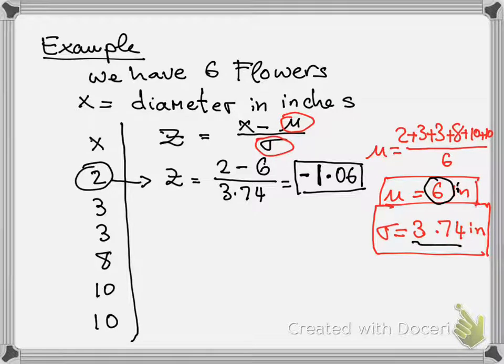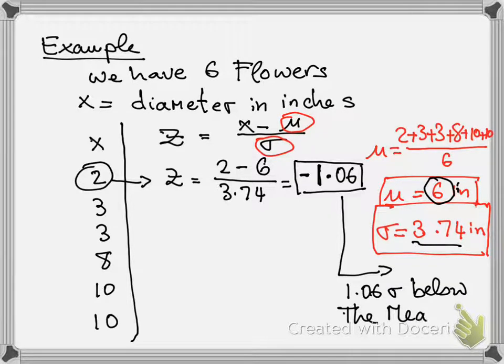Well, that means that this value x equal to 2 is 1.06 standard deviations below the mean.